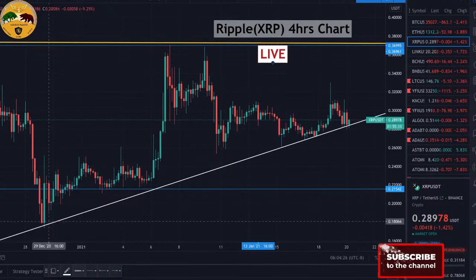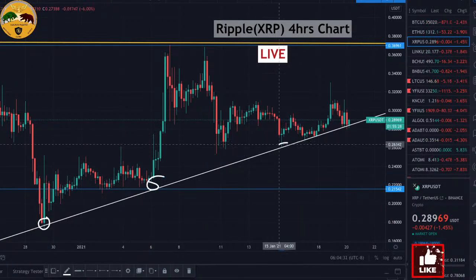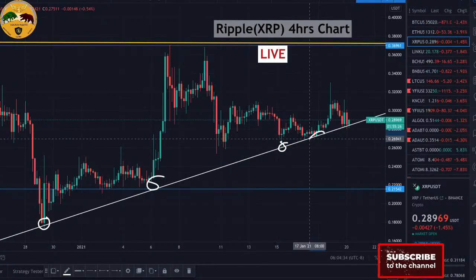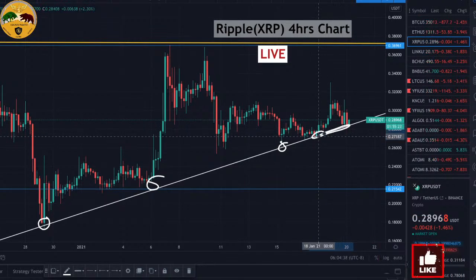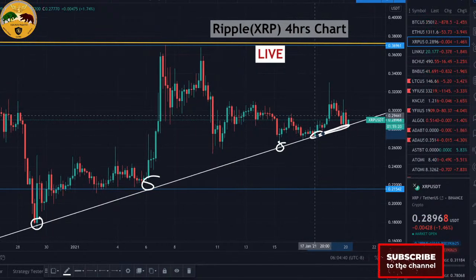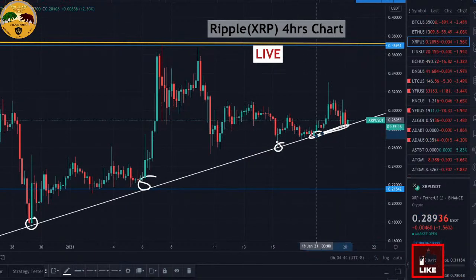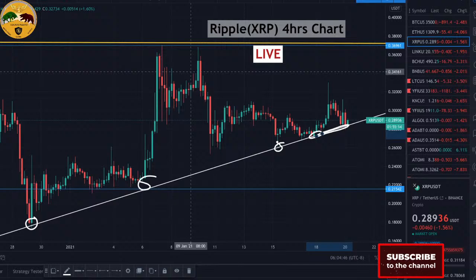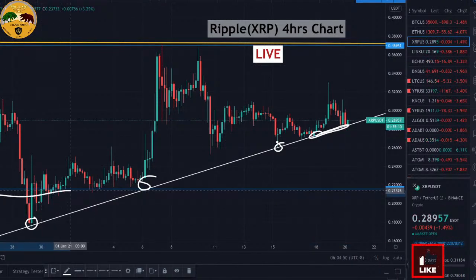We see another touch right here, and it's been trending on that same buy line, respecting it and making higher lows as it goes, which tells us that below here is a strong support.